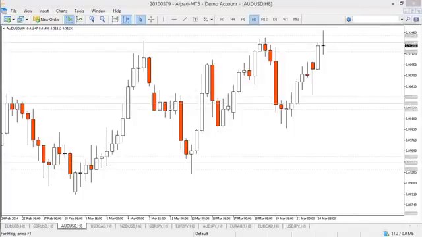Personally, that's worked out quite well. I win the majority of my trades, so a 1-to-2 risk reward ratio is absolutely fine for me. But the strategy can certainly be adapted to get a better ratio if you want to.